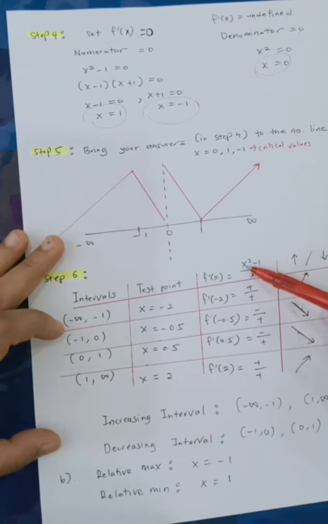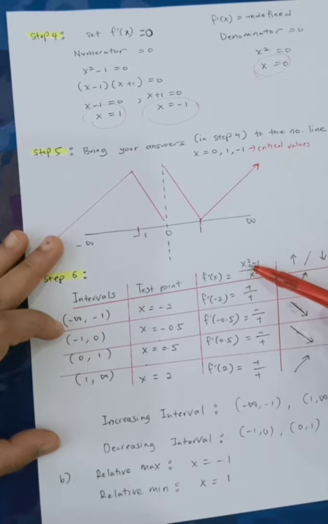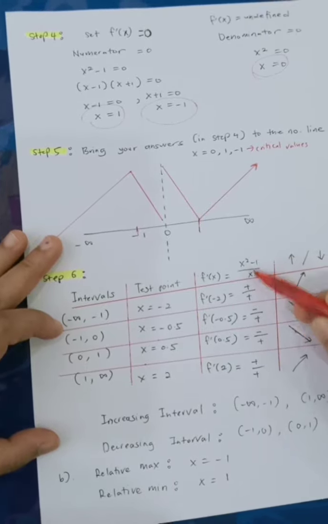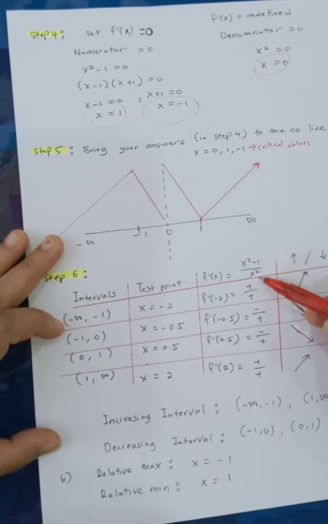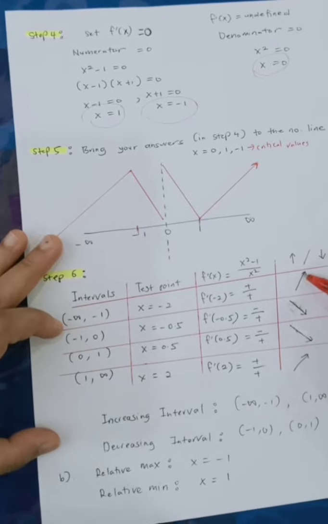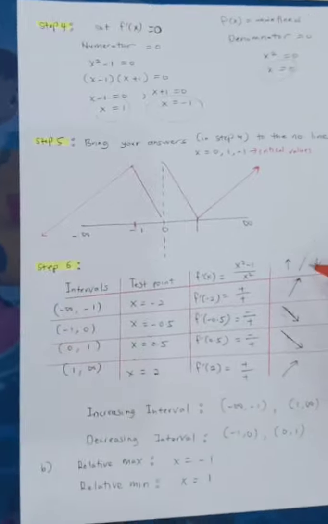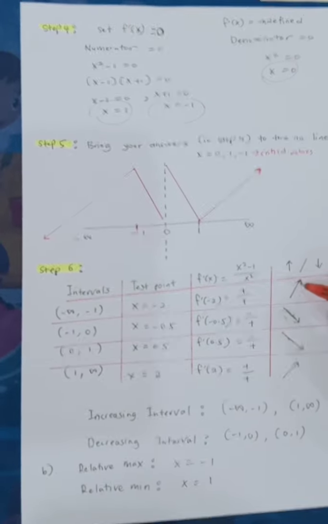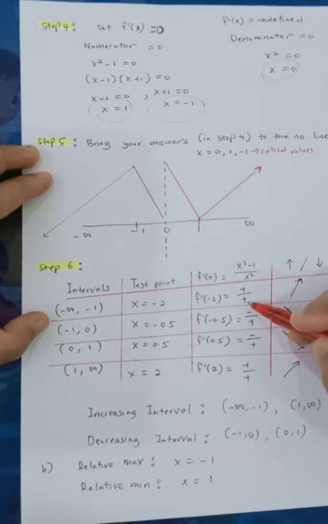If we put negative 2 in, negative 2 square is 4, 4 minus 1 is 3, positive. And negative 2 square in the denominator is also positive. So positive divided by positive means the graph goes to increase.